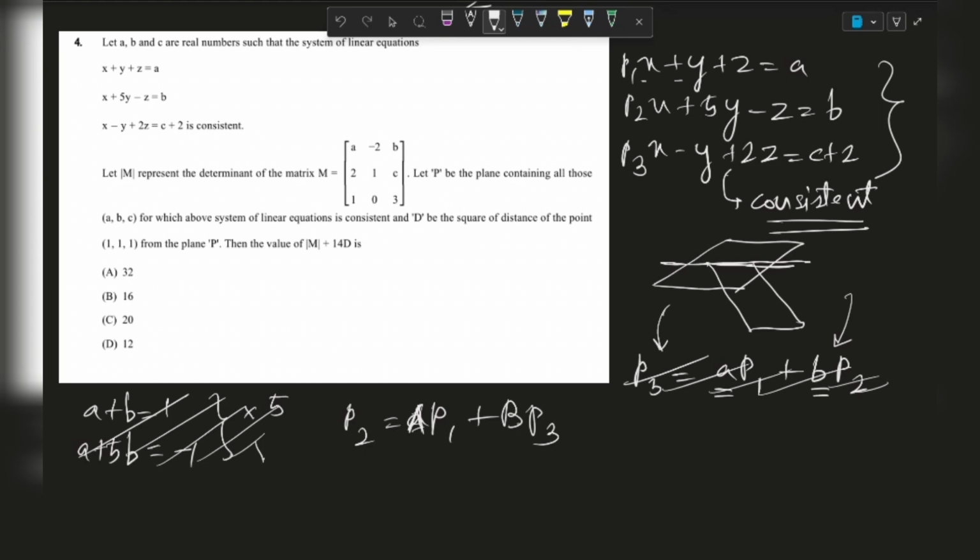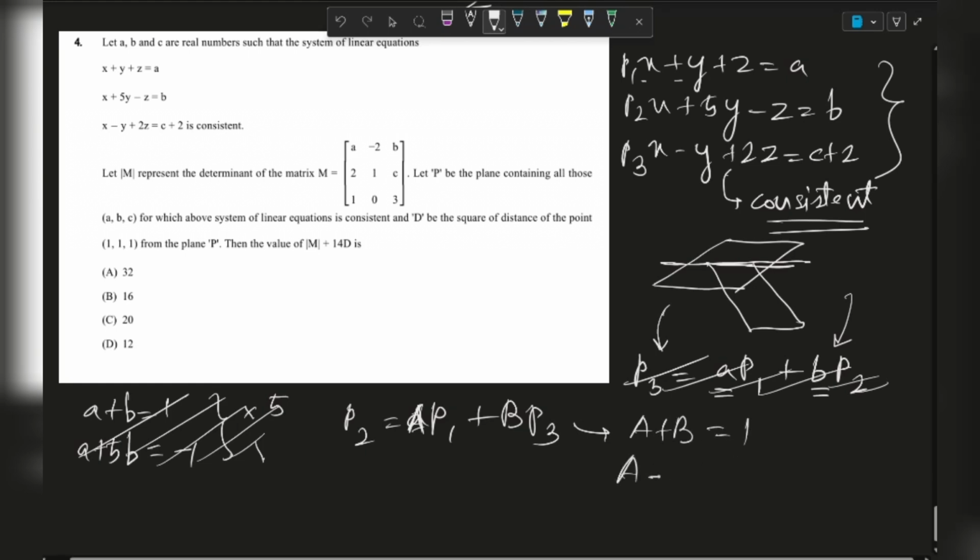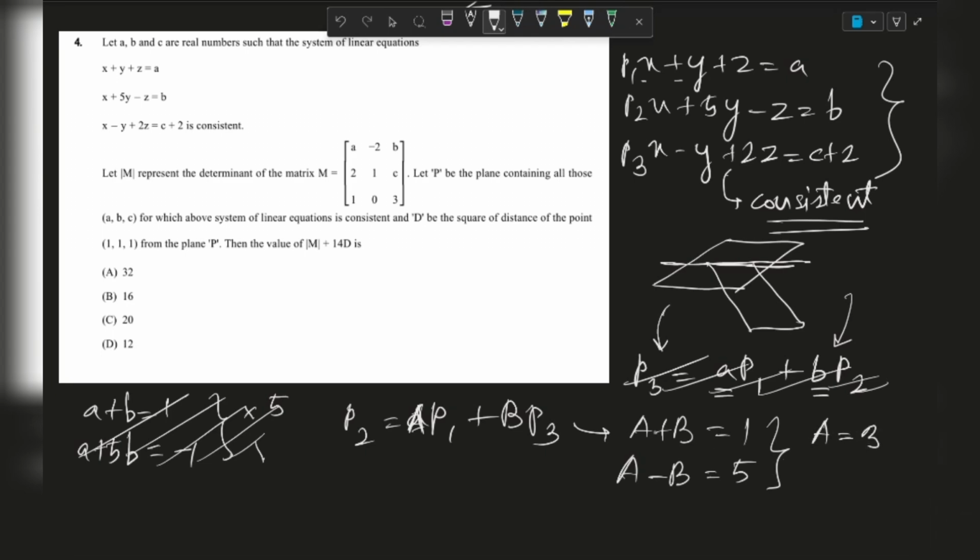So if you do this, you will get the equations I will write down. This is capital A plus capital B equal to 1, and capital A minus capital B equal to 5. This is actually simpler. The values are coming simpler. So if you add them, 2A equals 6, so capital A is 3, and B will be minus 3 plus 1, minus 2. So these values are simpler than the ones that were coming out as 3 by 2 and minus half, something like that.